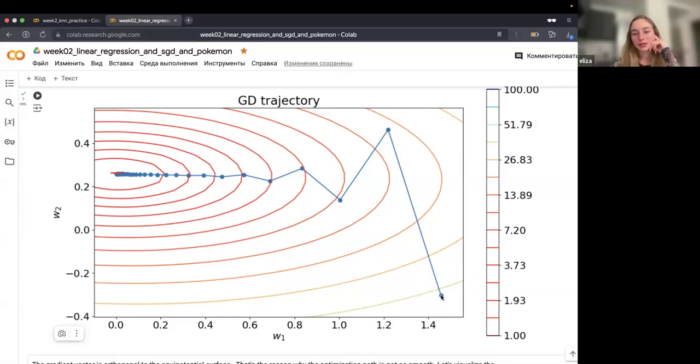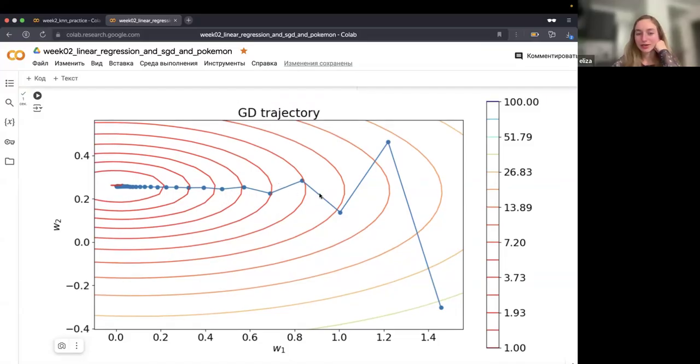This is the starting point for your weights. You can set a value for weight 1 and a value for weight 2, and you make iterations and try to select the optimal weights for solving your problem.